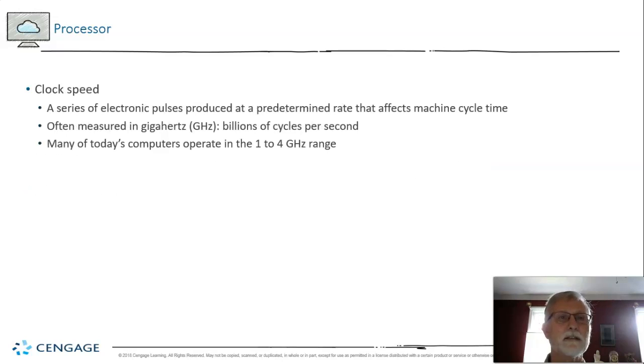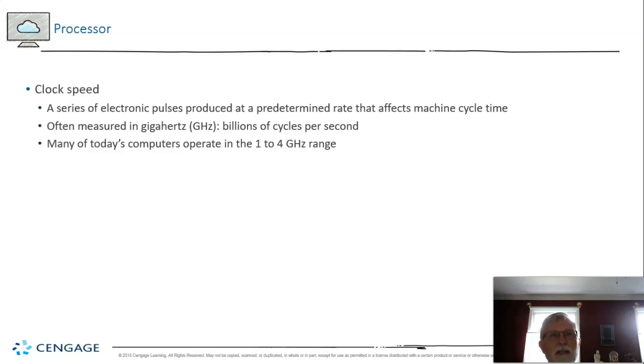Now, you may hear the term clock speed, and you'll see a lot of terms this semester, so take a look at the Quizlet link I've got there to help you get some of these terms down. Clock speed is just a series of electronic pulses at a predetermined rate that determines how fast the machine cycles through each instruction.